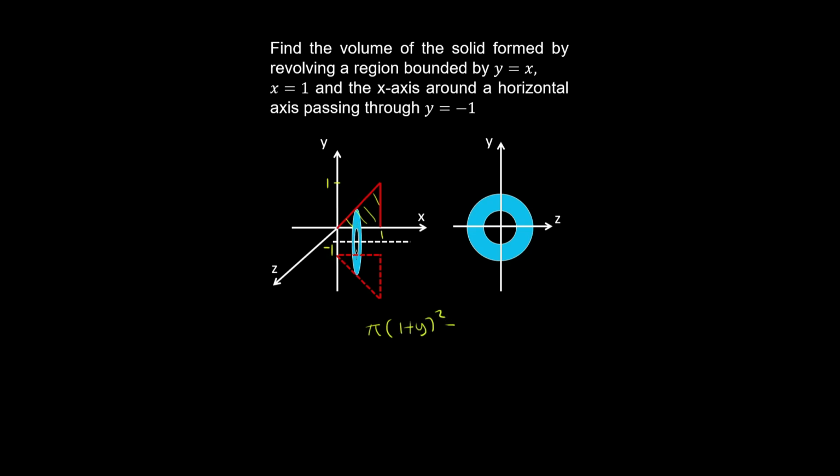And then minus the area of this inner washer, which is pi multiplied by the radius squared. And then we assign a washer a thickness in the horizontal direction, which gives the volume of the washer. And then integrating this from x equals 0 to x equals 1 gives us the volume of the revolved solid. So you can substitute for y equals x from this equation and evaluate the integral.